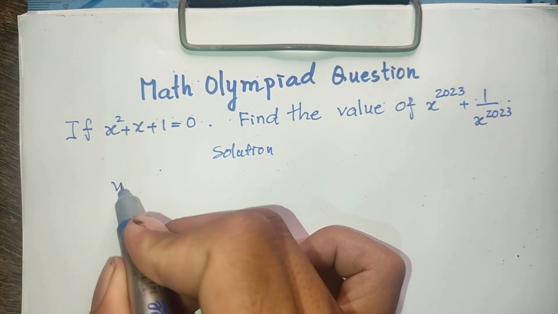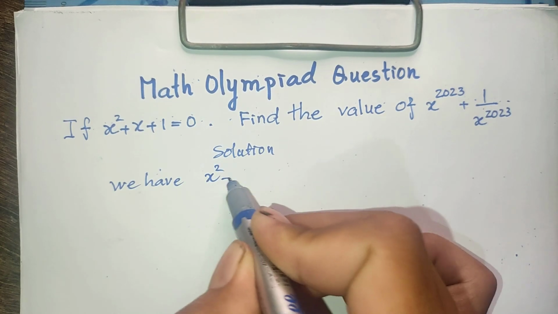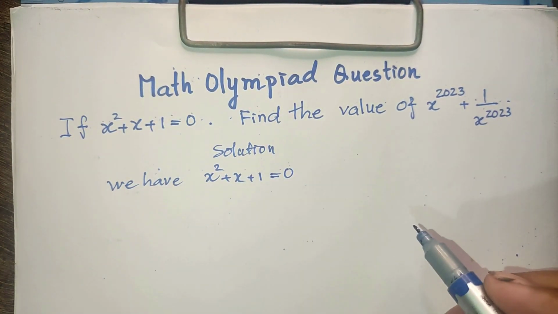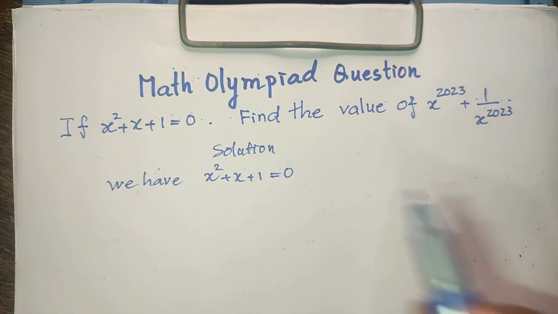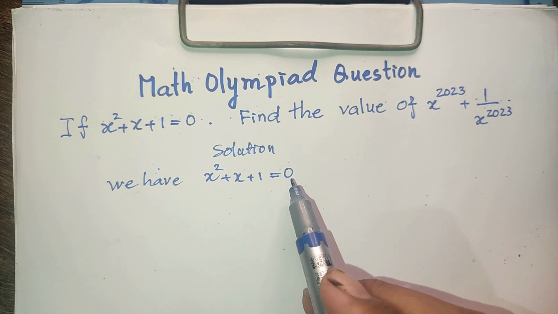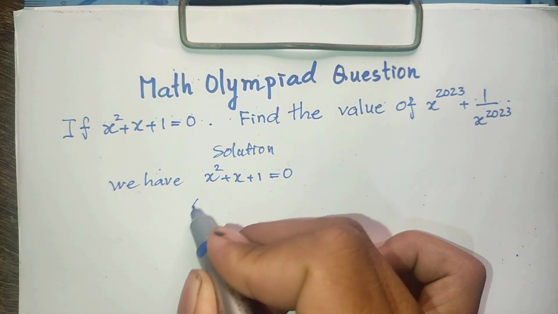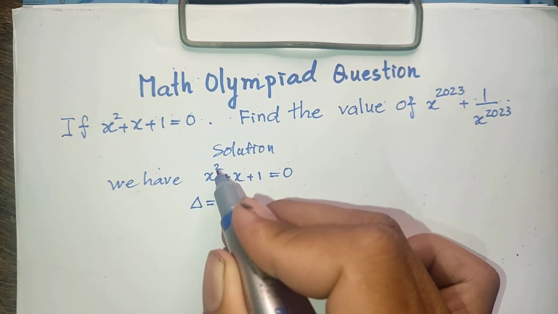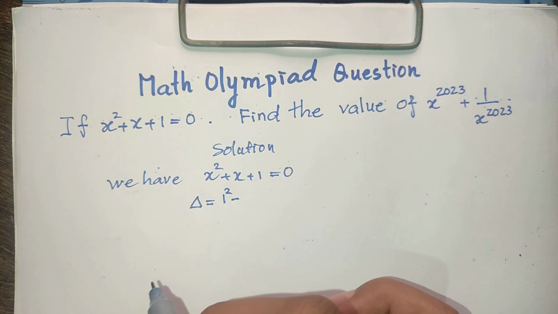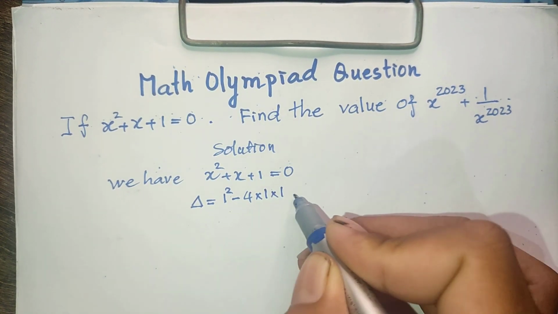Now we have x squared plus x plus 1 equals 0. If x squared plus x plus 1 equals 0, we get the discriminant equal to 1 squared minus 4 multiplied by 1 multiplied by 1.